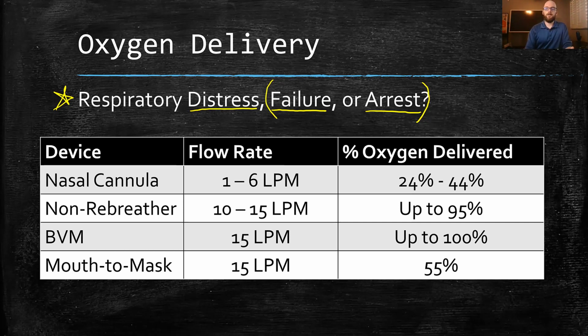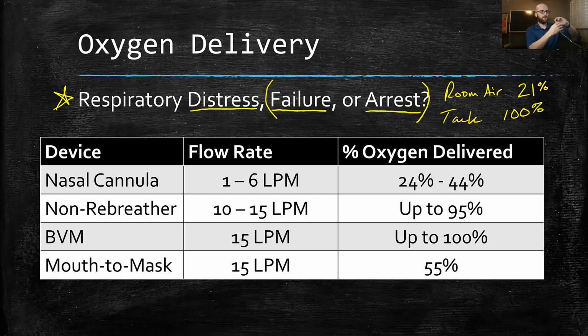And the reason why it's such low, weird numbers like that is remembering that room air, everything that we're sitting around breathing right now, is about 21% oxygen. The oxygen tank is 100% oxygen.